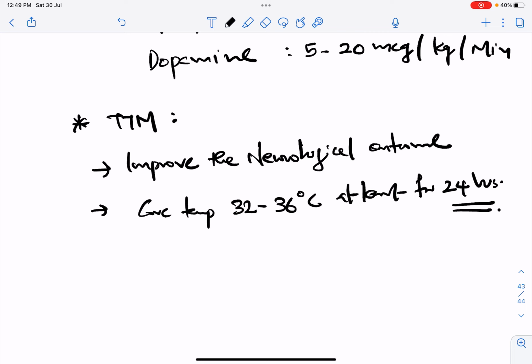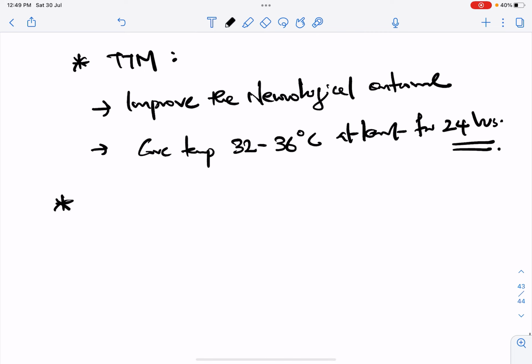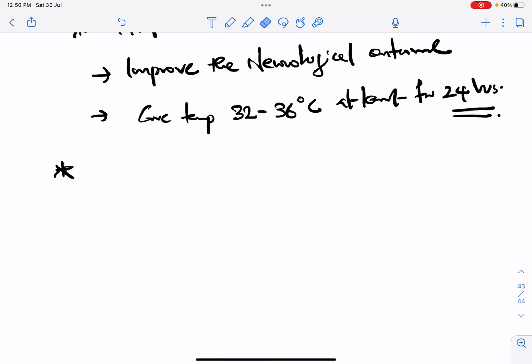Now, how to do the neuroprognostication after attaining ROSC, after cardiac arrest?